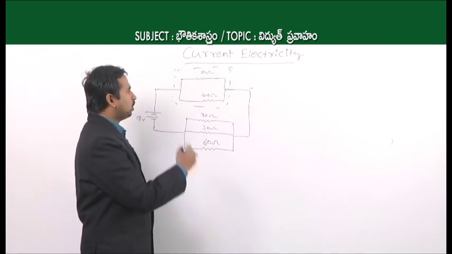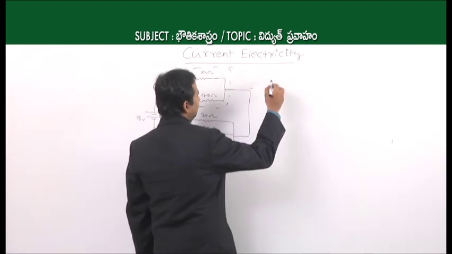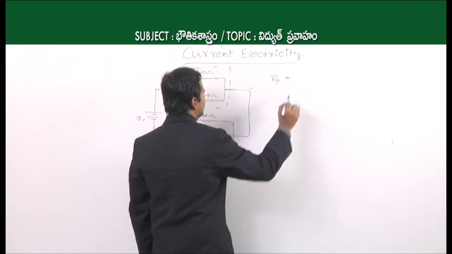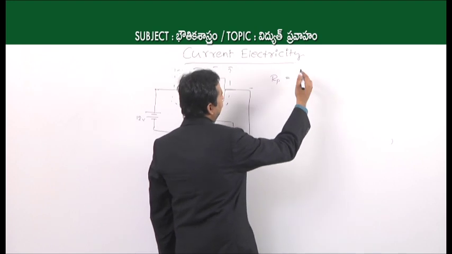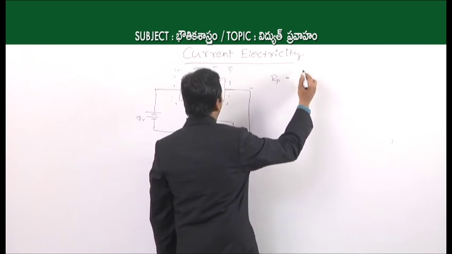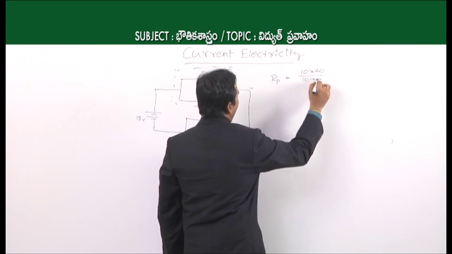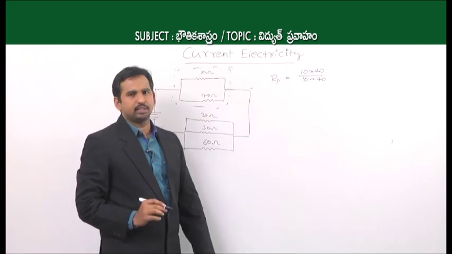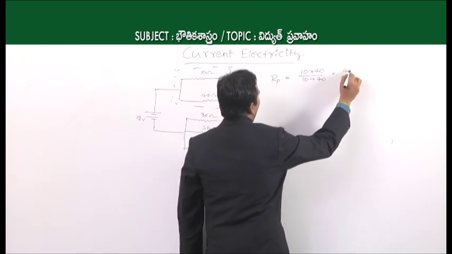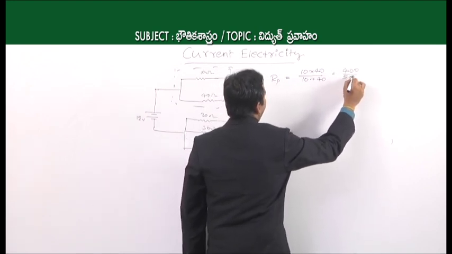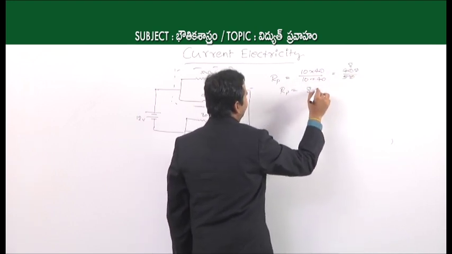The 10 ohms and 40 ohms are connected in parallel, and we know that Rp, the resistance when connected in parallel, is R1 into R2 by R1 plus R2, which is 10 into 40 by 10 plus 40, the product of the resistances by the sum of the resistances. Then you get 400 by 50, so we get Rp equal to 8 ohms.